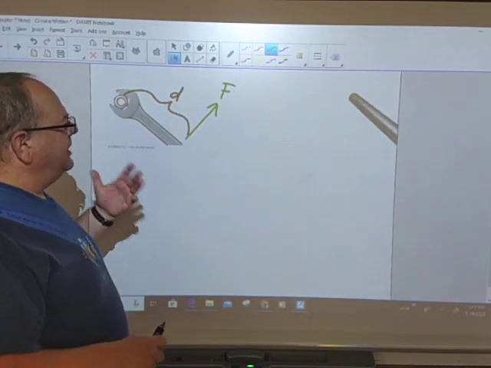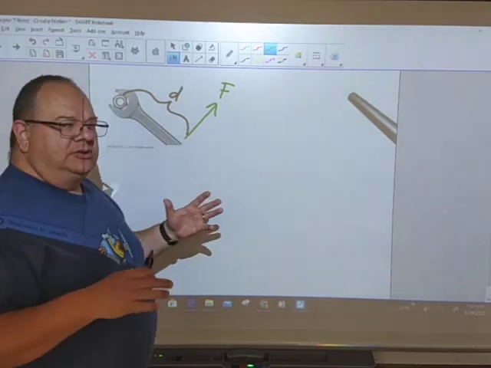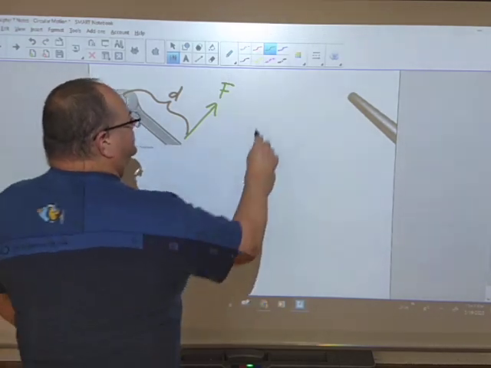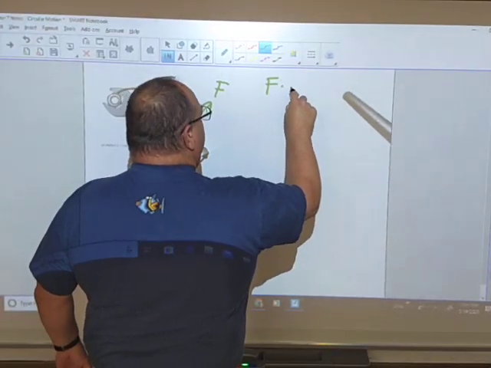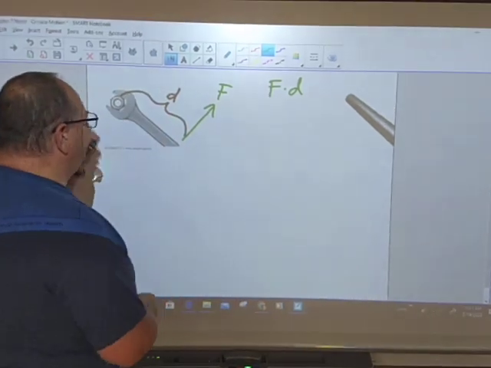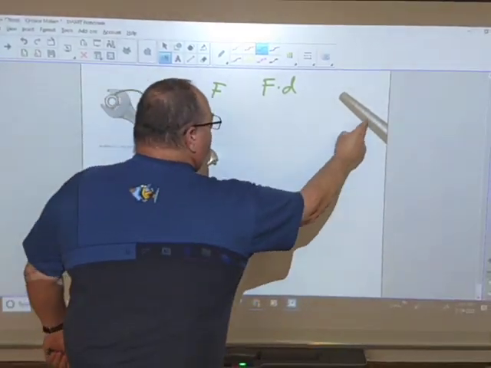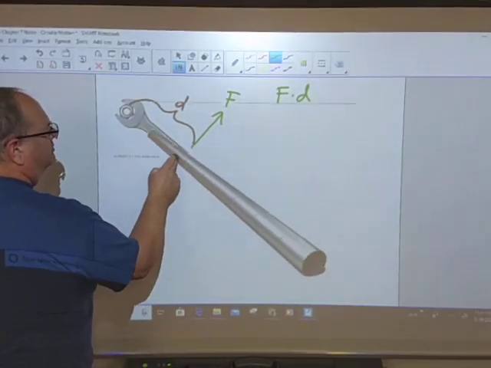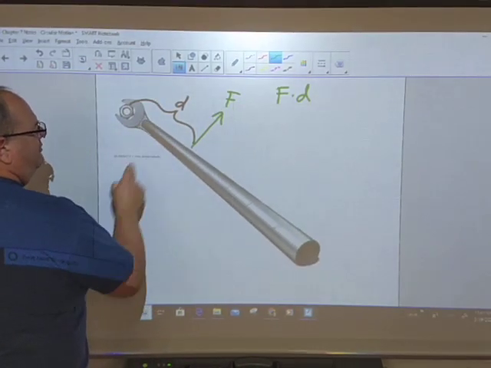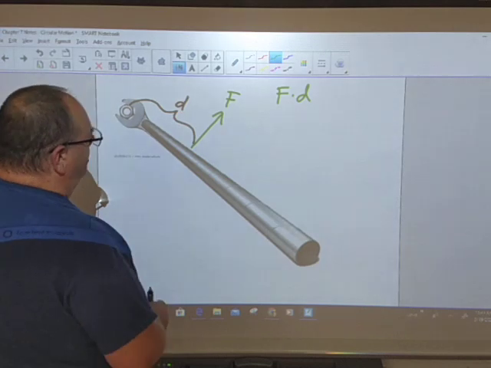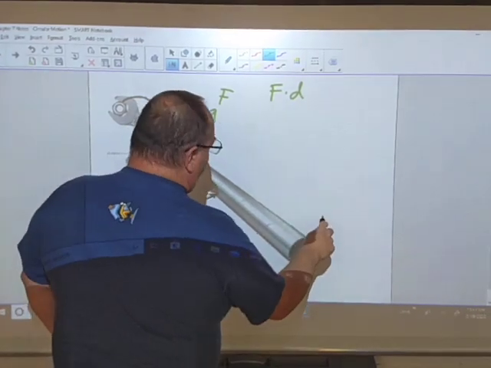All right, so I'm going to apply a force, and we've got some sort of distance here, right? Now, when I'm pulling on a wrench, depending on how I can position myself, there's only so much force I can apply. My torque here is going to be force times distance. What if my nut is just stuck, it's not moving? Well, what I might do is grab a bar and put it on my wrench. And now what happens if I apply my force?